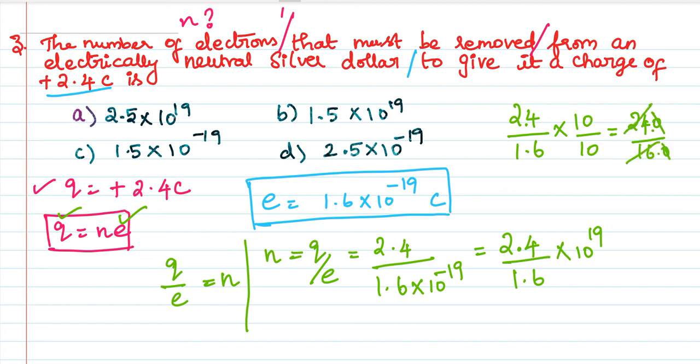So further you can proceed normally. So what will be your answer for this? Yes, you can go with the 4 table or the 2 table also. The final answer will be 1.5 into 10 to the power of 19. So this will be your answer.